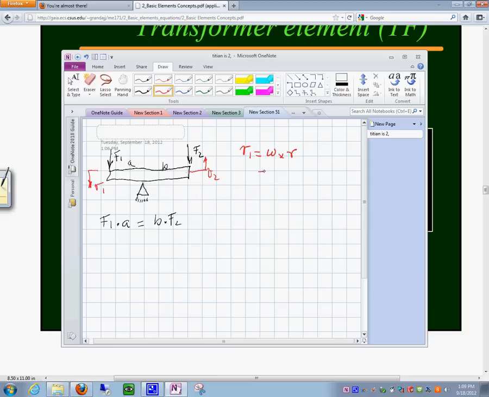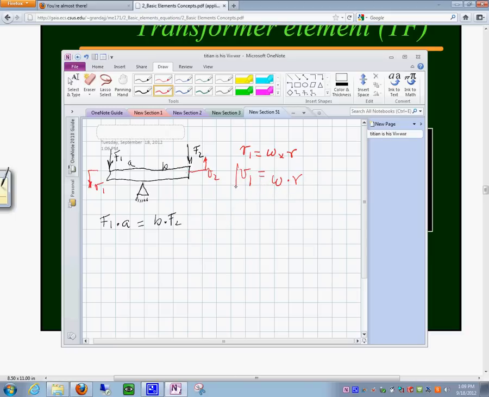In this case, the velocity v1 is omega times r. And these are the kinds of equations that we need for this transformer.